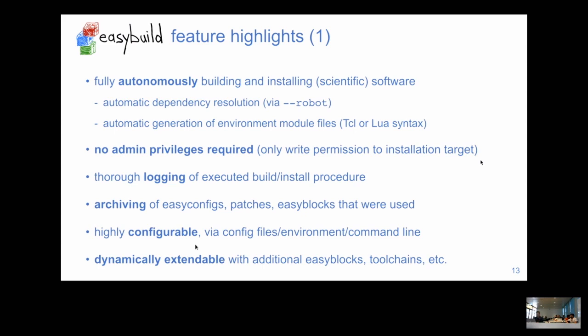It will resolve all the dependencies first if they are not installed yet. So you can use the --robot command line option for that. And for each of the installations, it will also generate an environment module file. And I'll show in a bit what that looks like and where they are located.